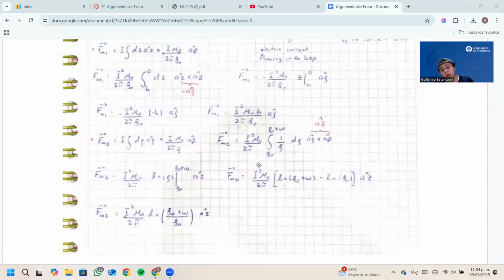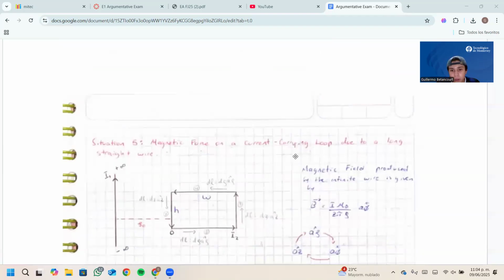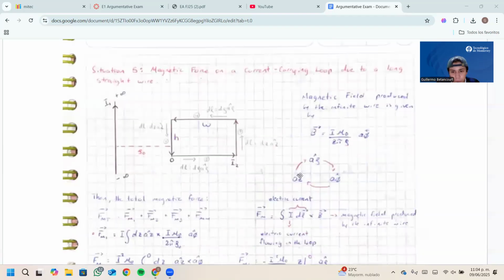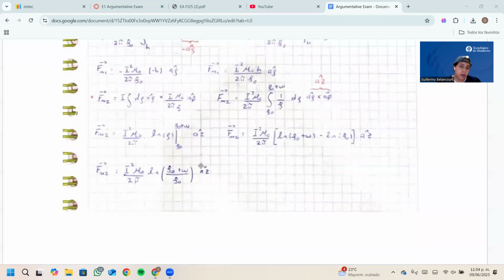So now also we know that the cross product between the vector rho and vector phi is equal to z because of this. Then we only evaluate our integral, solve it, and we are left with this expression.